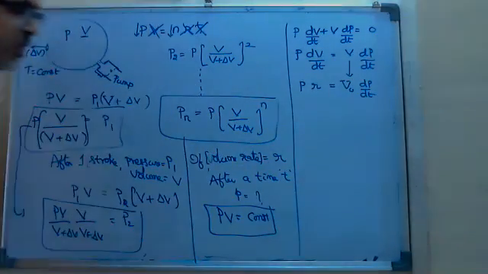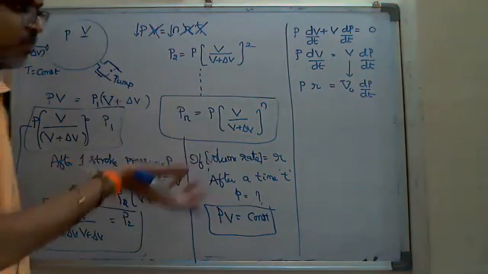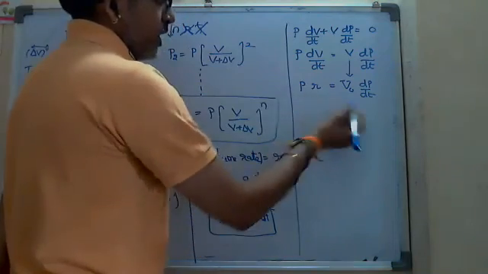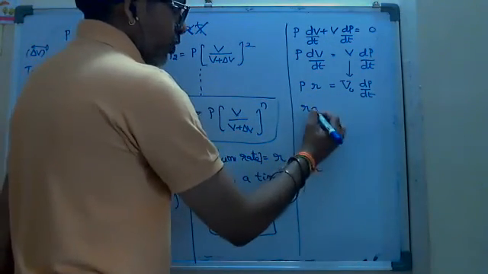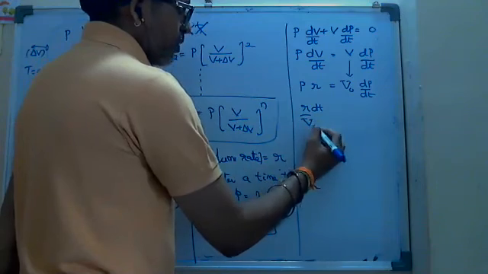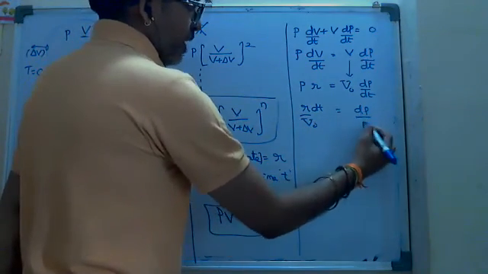Now I think you understood. You already solved many such equations in physics. So here I am going to just rearrange: R dt by V naught equals dP by P.